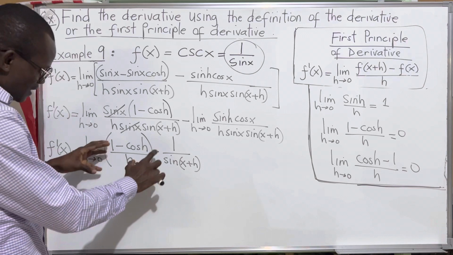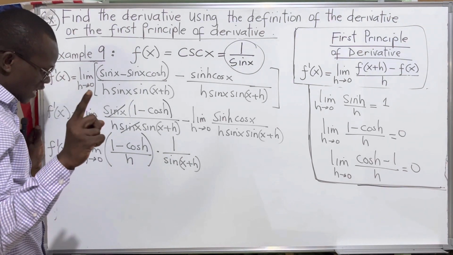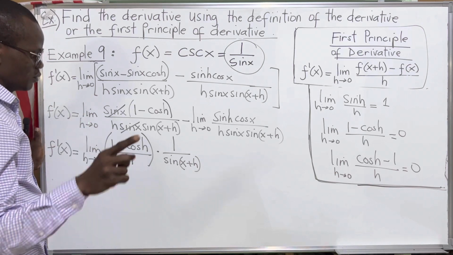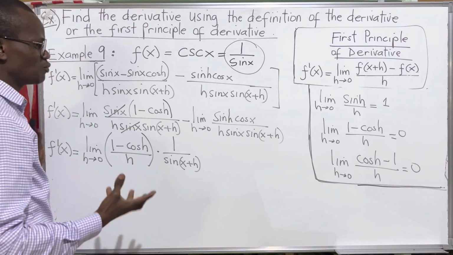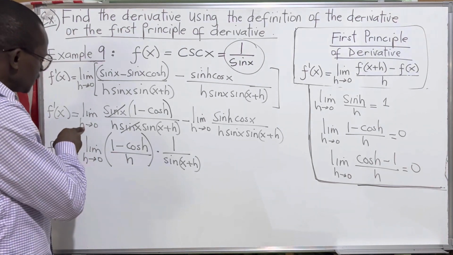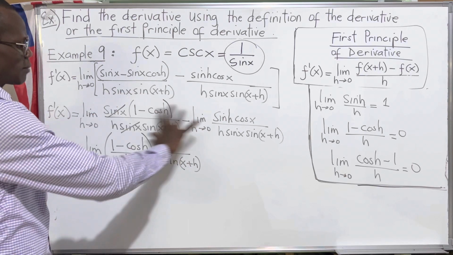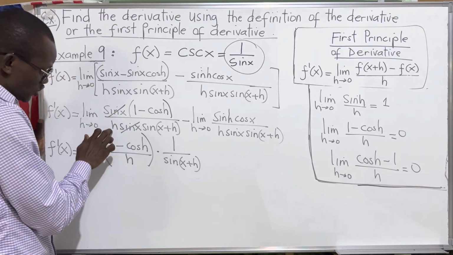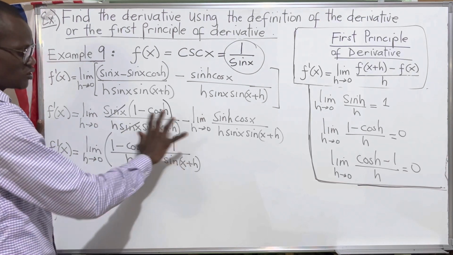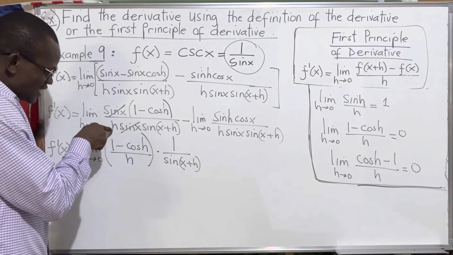If we just leave this as it is, the h in this denominator will give us a tough time to get rid of. If we do not get rid of h, then the denominator is going to take this whole problem to undefined. Just this denominator h will make this whole thing undefined, so our aim is to get rid of this h.